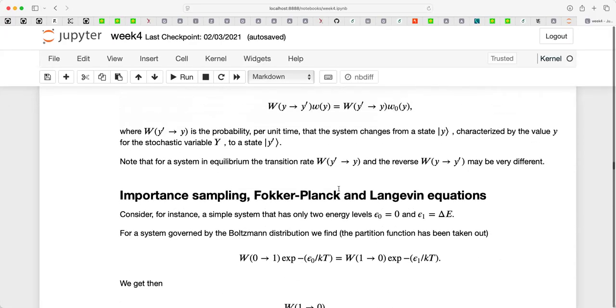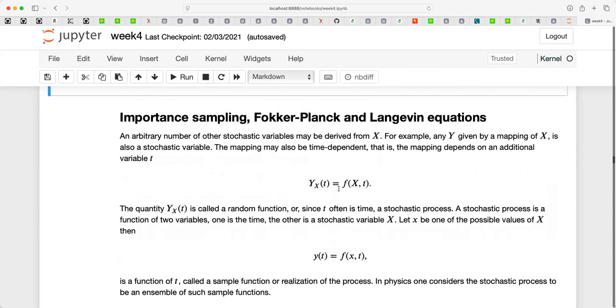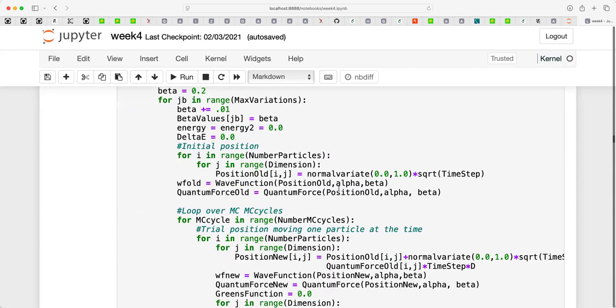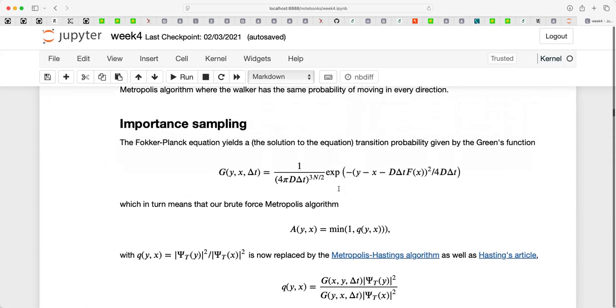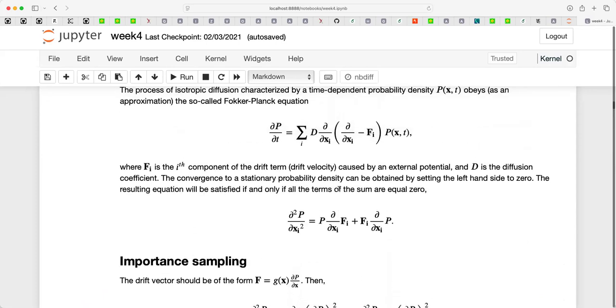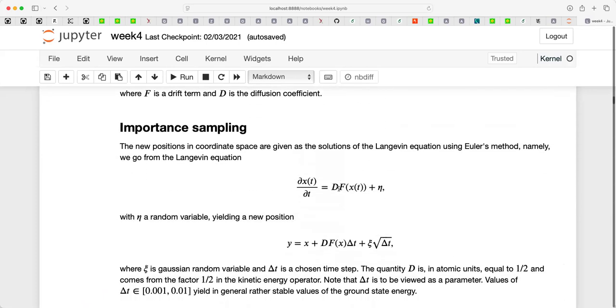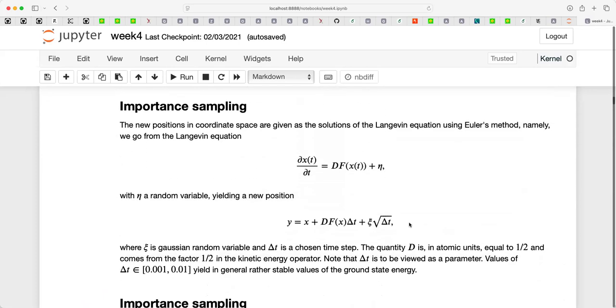Next week, we are going to try to wrap up this discussion of the Fokker-Planck equation, and we are going to look at how we can link the Fokker-Planck equation with the Langevin equation. So what becomes an important piece for us is, one, the evaluation of the quantum force, but also the way we are going to let random walkers jump in space.